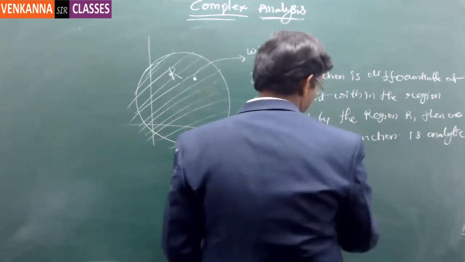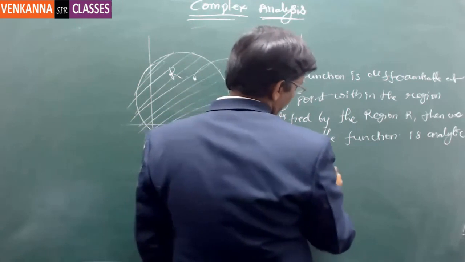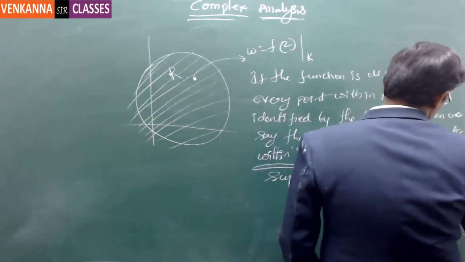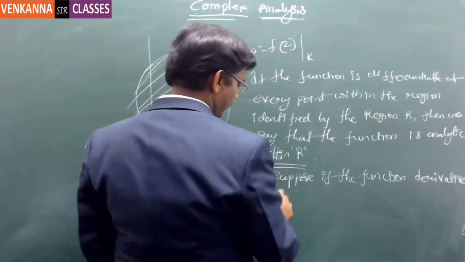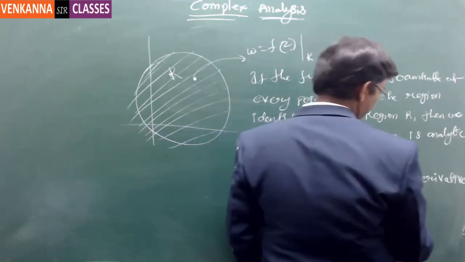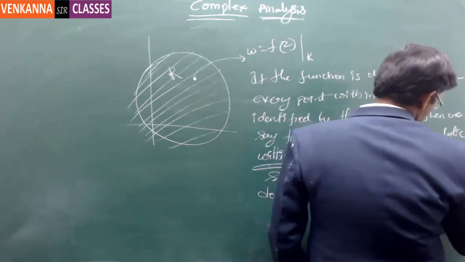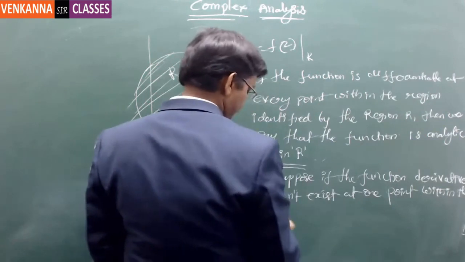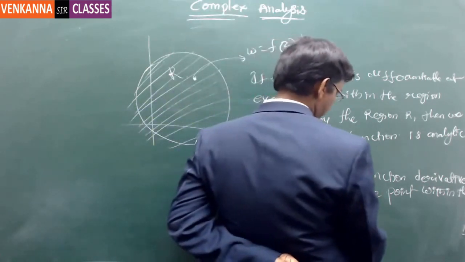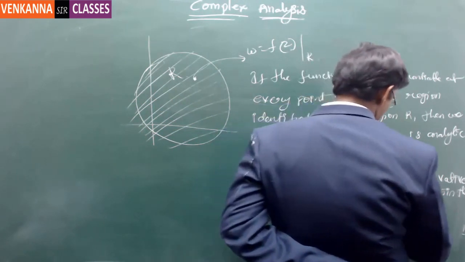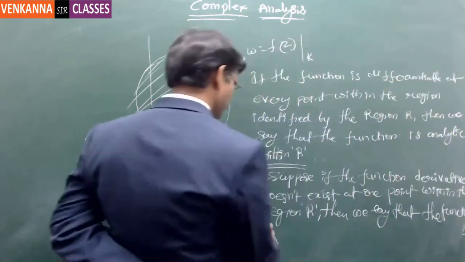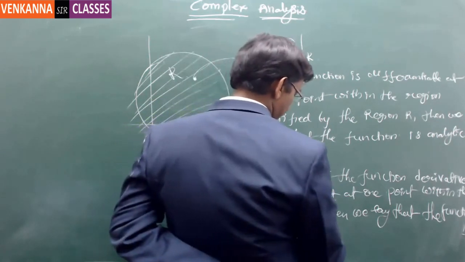Suppose the derivative of the function doesn't exist at one point within the region R, then we say that the function is not analytic at that point.